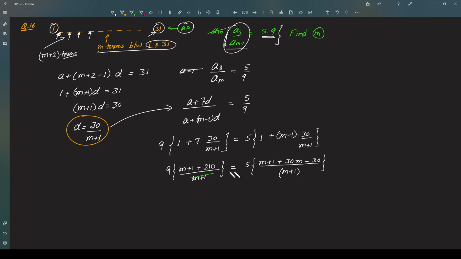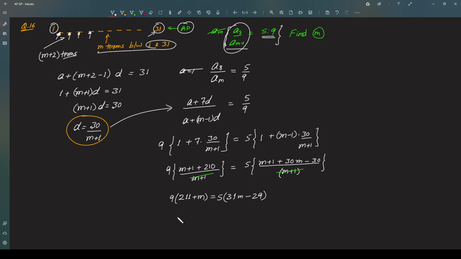So you can simply cancel this m plus 1 out. What you will have now is (211 plus m) into 9 is equal to (31m minus 29) into 5. So you will get a simple linear equation in terms of m, and you just have to simplify that and you will get the value of m.